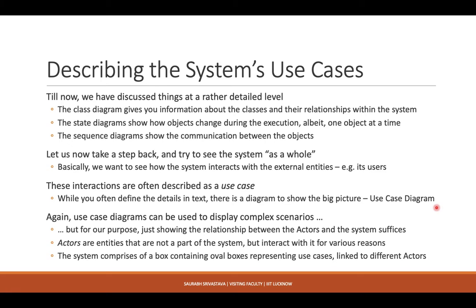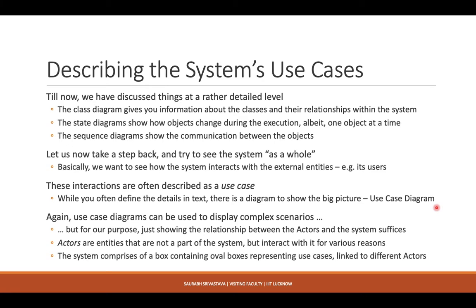Then there are people who are supposed to fill in the money within the ATM. There could be people who are supposed to check if the software is all right, or let us say update the software. So there are different types of people who interact with an ATM machine, and they are all actors, by the way.